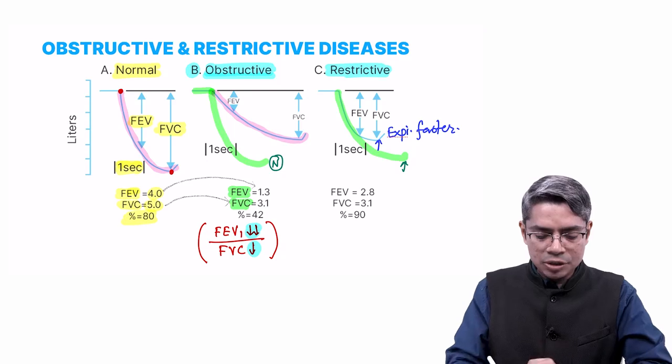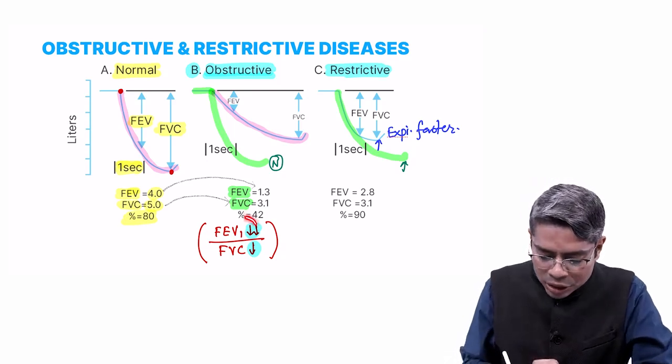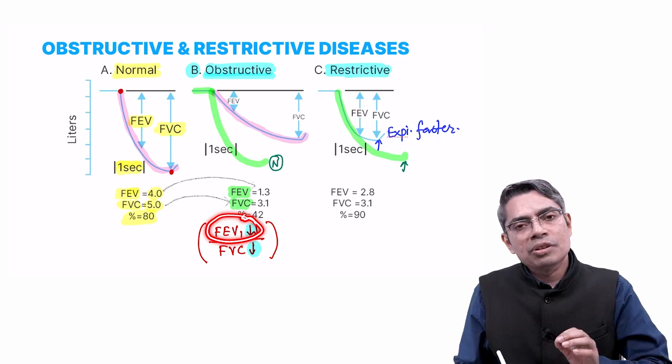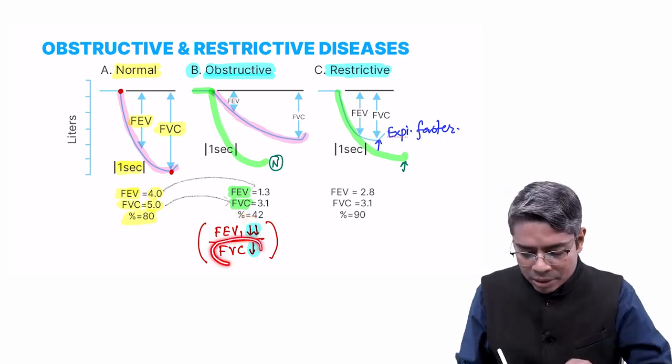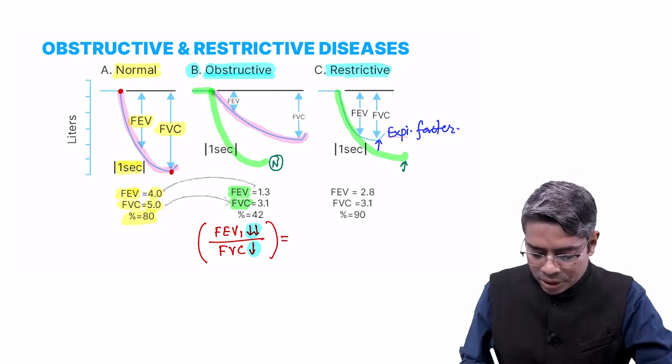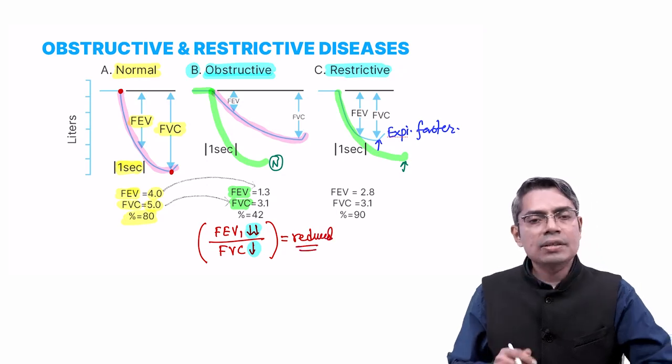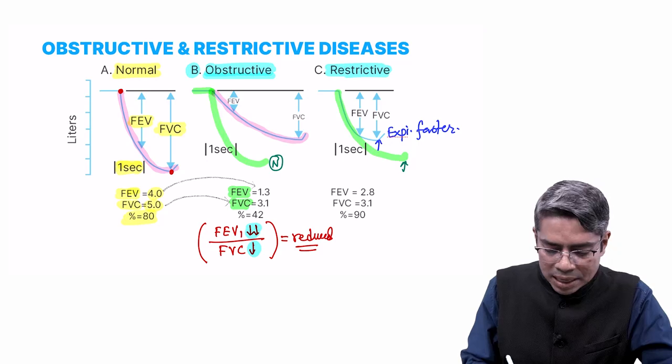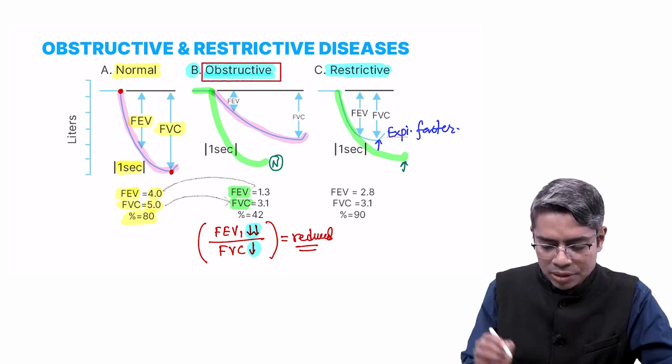FEV1. So in this ratio, the numerator has been reduced to a very low level in comparison to the denominator. So what will happen to the ratio? The ratio also reduces. That's why in case of obstructive disease, the FEV1 FVC ratio is reduced.